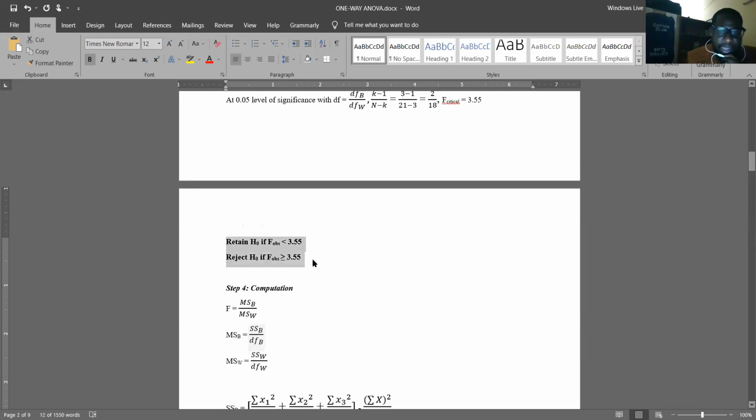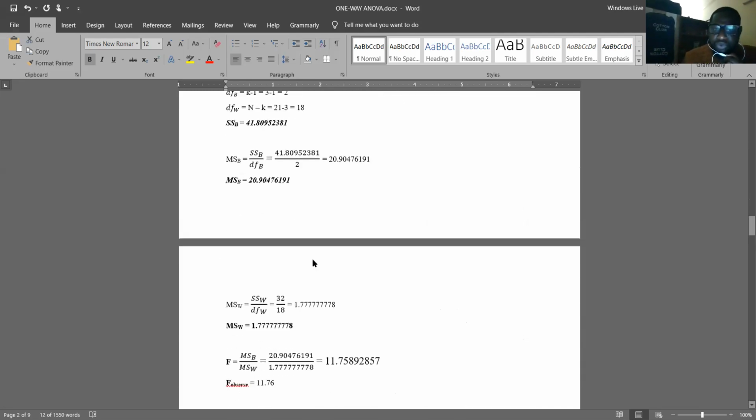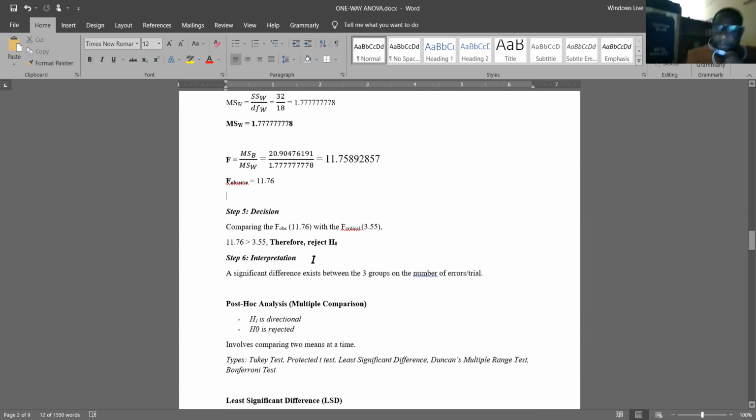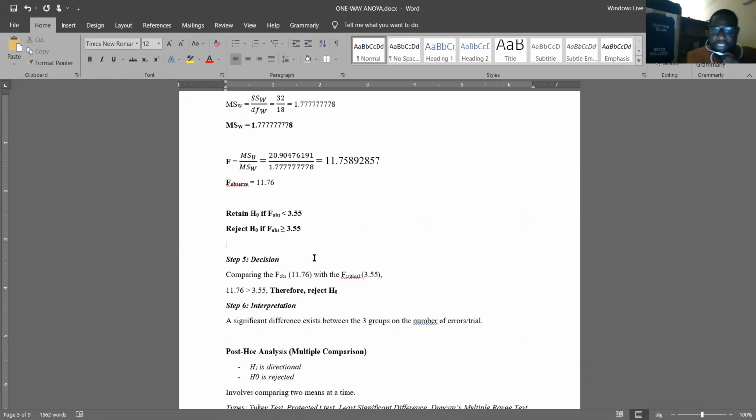We are supposed to compare our F value with our decision rule. Per our decision rule, we indicated that we are supposed to retain HO if our F observed is less than 3.55, or reject HO if our F observed is greater than or equal to 3.55.